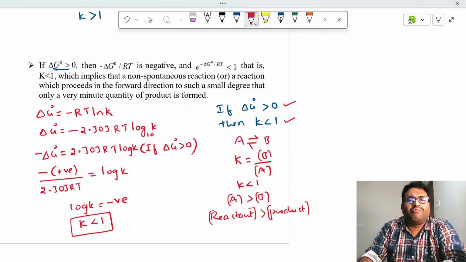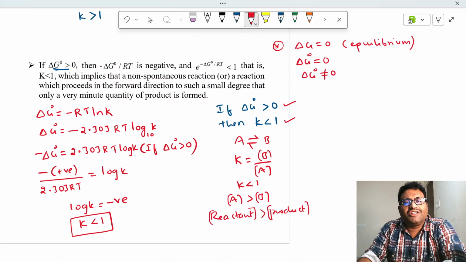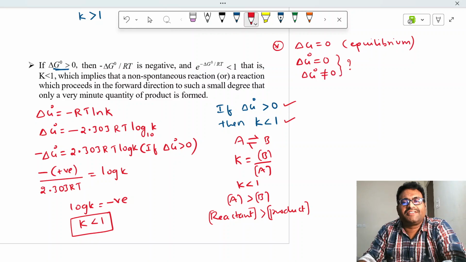So one more doubt we will be getting. If delta G is equal to 0, then we say that the reversible reaction is at equilibrium. But at equilibrium, will delta G naught be equal to 0 or not equal to 0? What about this?